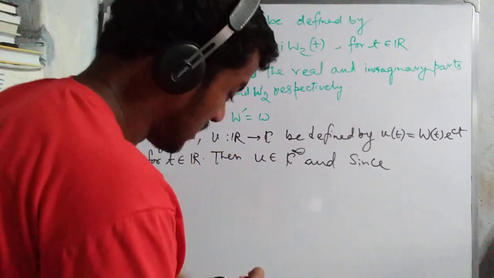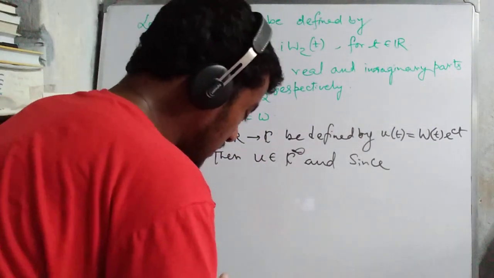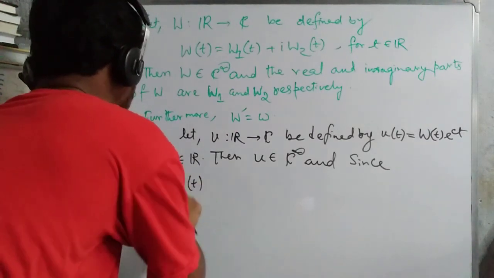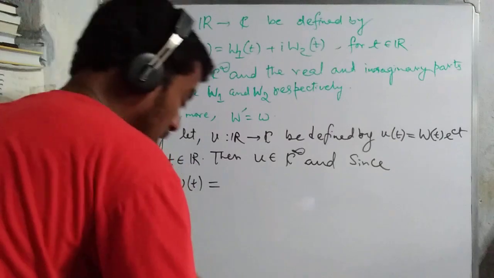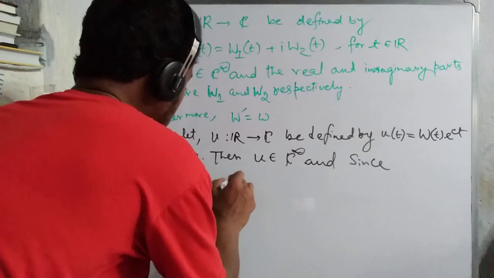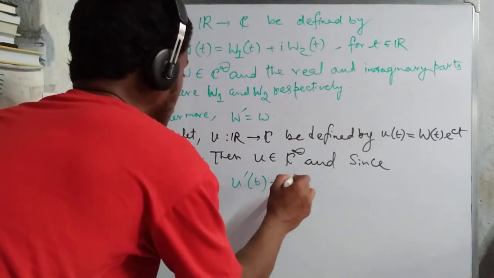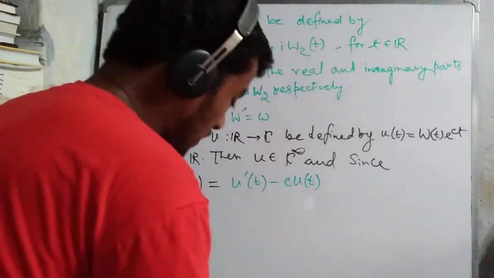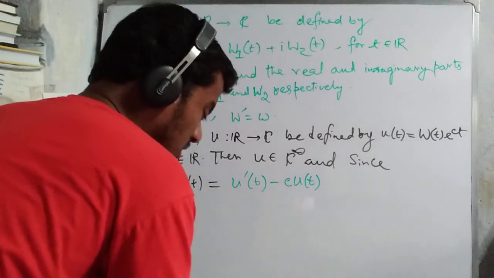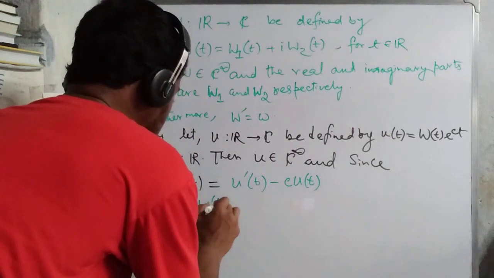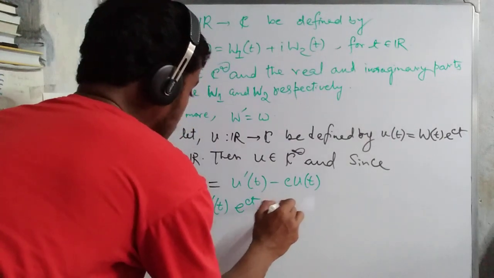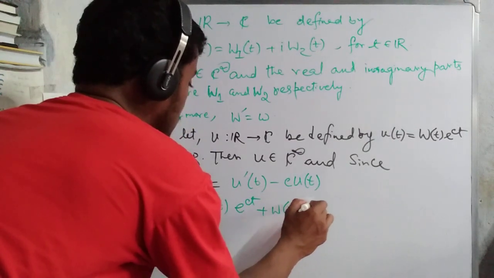Now (D − cI) of u(t) equals u dash(t) minus c u(t). Here u dash(t) equals capital W dash(t) e to the power ct plus capital W(t) c e to the power ct, and c u(t) equals c W(t) e to the power ct.